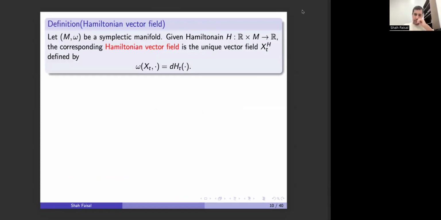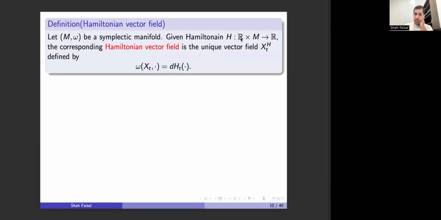If I take a symplectic manifold and I take a Hamiltonian function, or just a smooth function, which is time dependent, you can also take it to be independent. Then there is a vector field determined by this, and it's basically the unique vector field given by this equation.